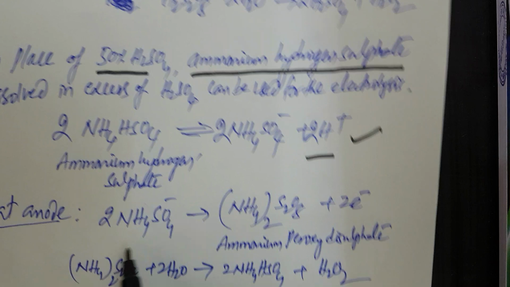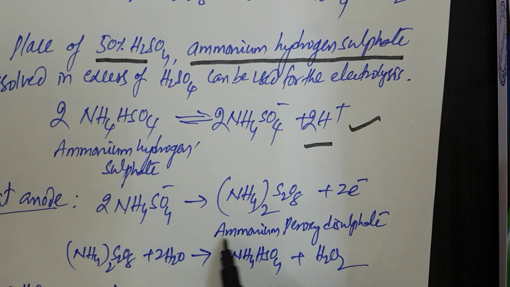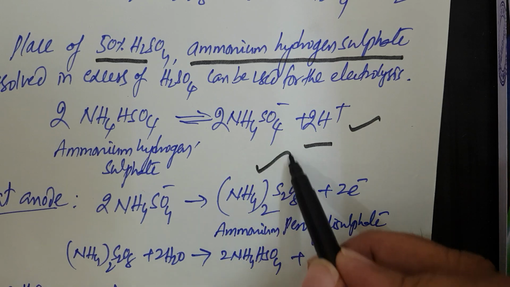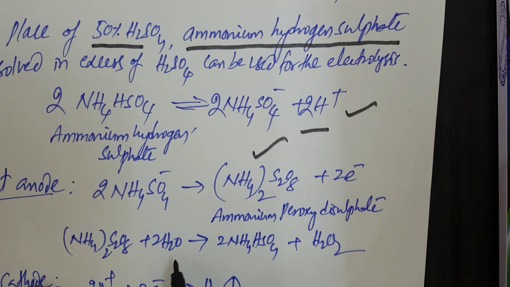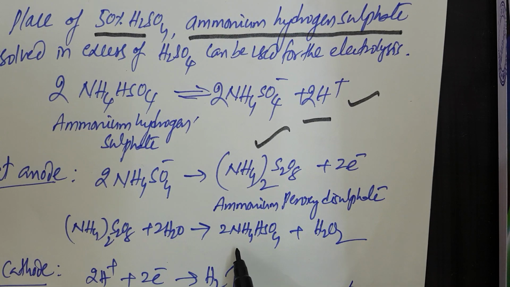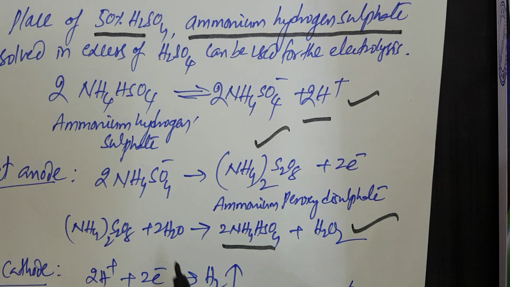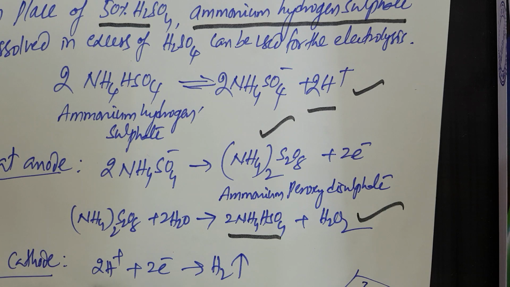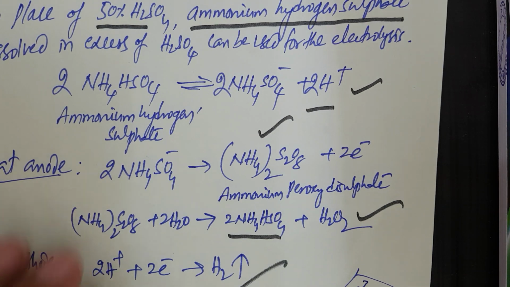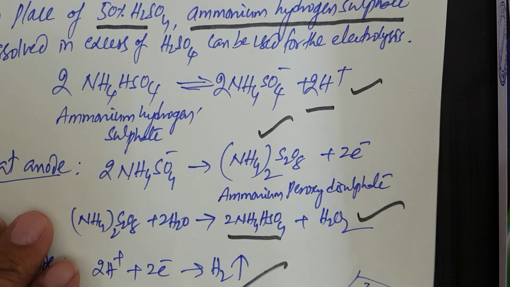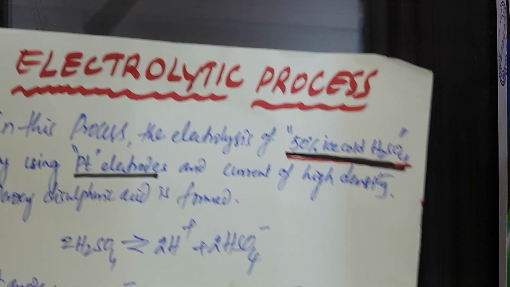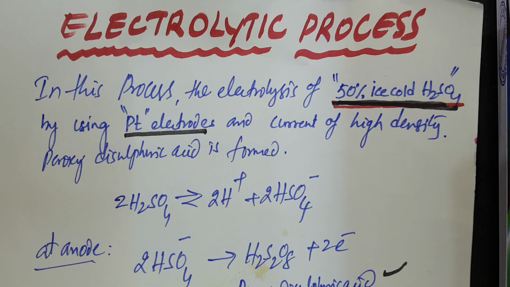At the anode, 2NH4SO4- converts into ammonium peroxy disulfate, and this reacts with water forming ammonium hydrogen sulfate and hydrogen peroxide. In both reactions, the gas released at the cathode is hydrogen. This is the preparation method of hydrogen peroxide by electrolysis.